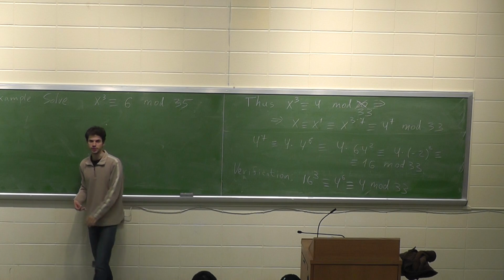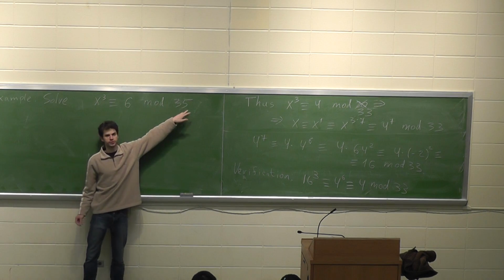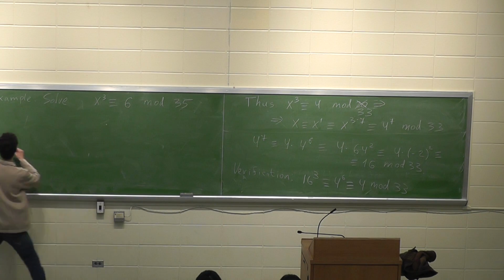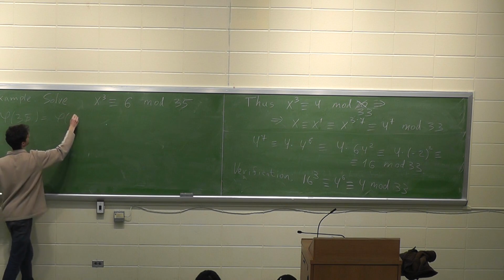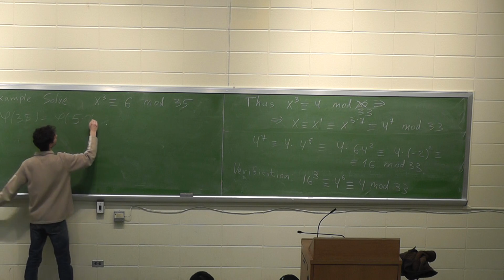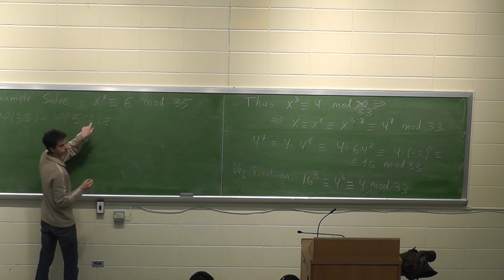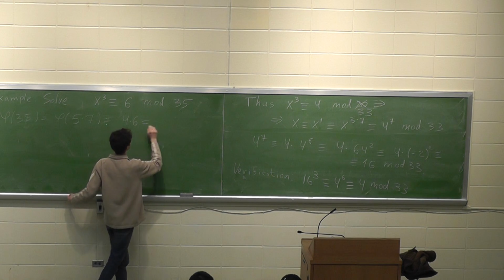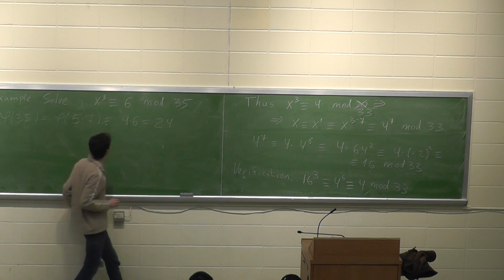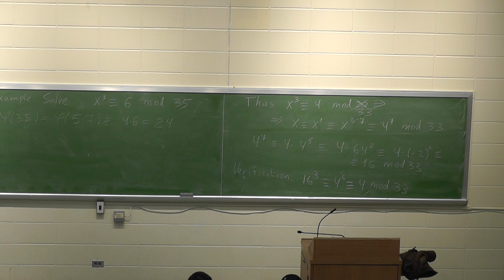Well, we begin in the same way. We compute what is φ(35). φ(35) is the same as φ(5) times φ(7), which is 4 times 6. So it is 24. And now we've got a problem.